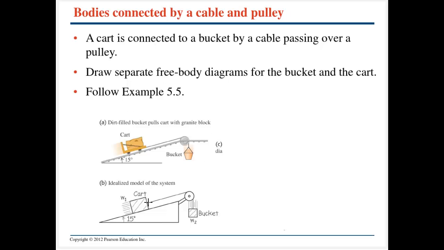If we draw the free body diagram, say for the cart, we're going to have some tension in the system, and we're going to have our weight downward as well as our normal force. And for the bucket, we're going to have the tension upwards and then the weight in the downwards direction.